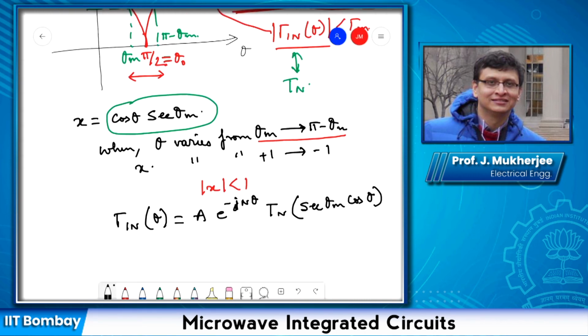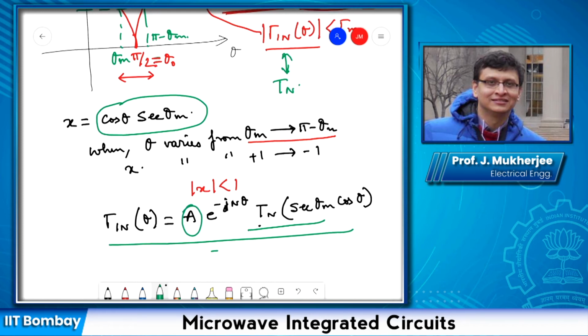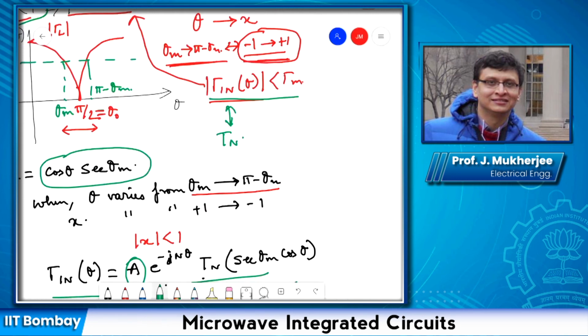This gamma in theta is related to this Chebyshev polynomial, and as you saw, because of the ripples that are present, the gamma in response will also have a ripple. That is one property of this Chebyshev prototype function. So by the way, this is our prototype function. Now we still have to find out the value of this quantity A so that this relationship is satisfied.